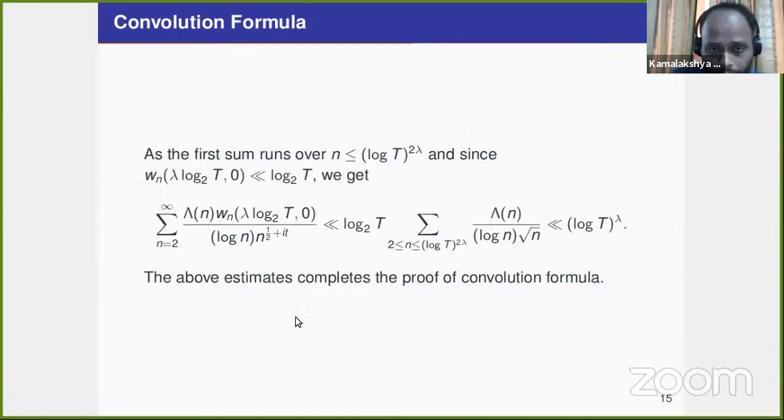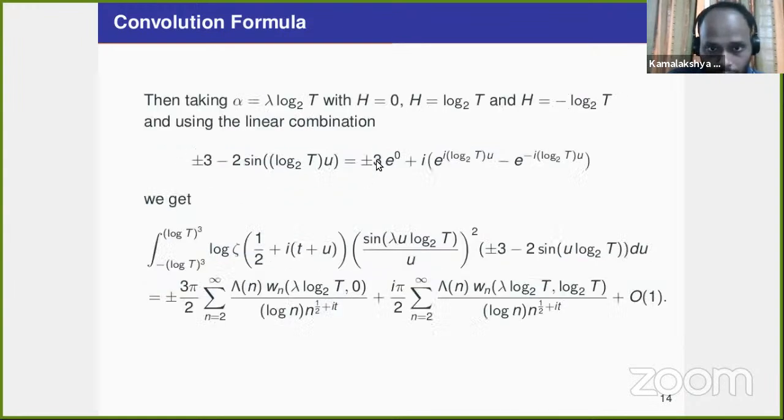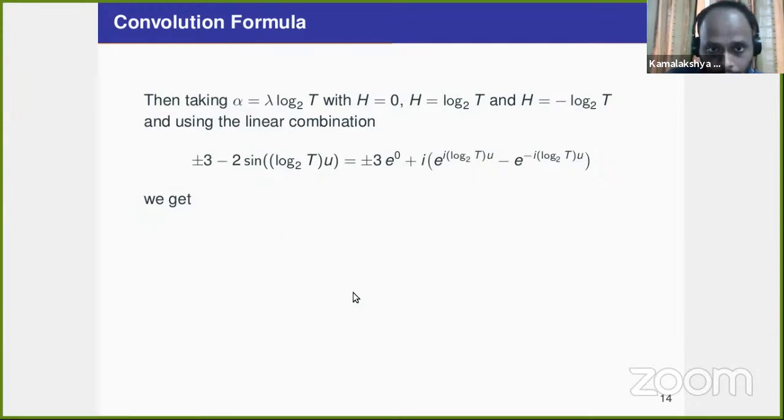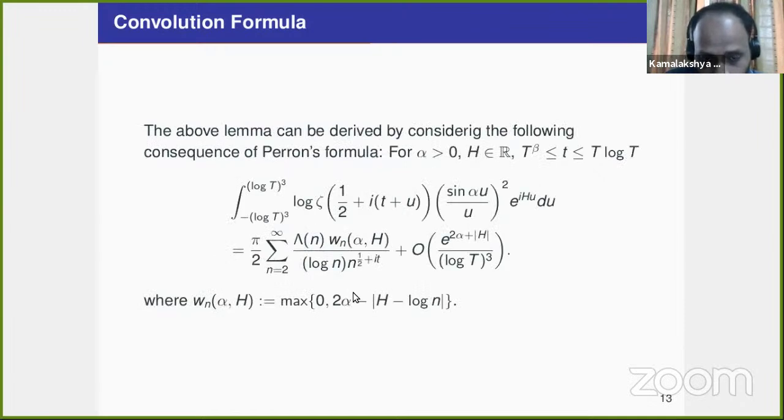We can show that this sum is non-zero only for n up to log t power 2 lambda. Recall the definition of W_n with alpha equal to lambda double log t and h equal to 0.